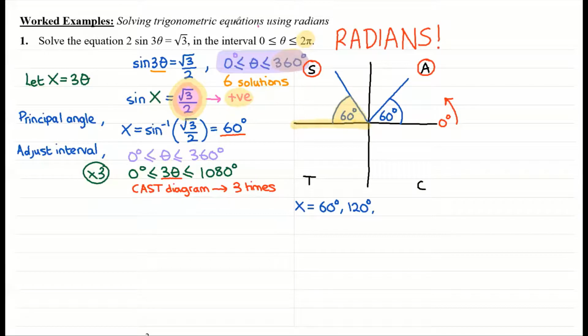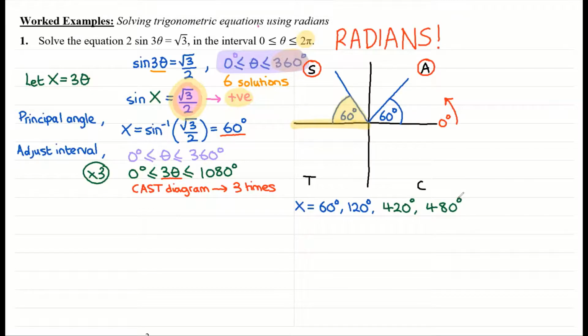Now, a quick way of doing this is, if you're going around 2 more times, then we just add 360 to these 2 values. So if I add 360 to 60, my next one, without doing any work really, is just going to be 420. And then if I add 360 to 120, that's going to give me 480.